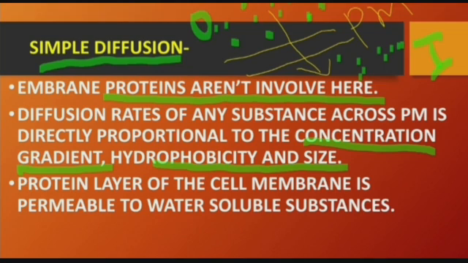If the outer side of the membrane has a higher concentration of O2 molecules, then they will pass through the plasma membrane from outside to inside. So the diffusion rate is directly proportional to the concentration gradient, as substances pass from the higher concentration to the lower concentration.